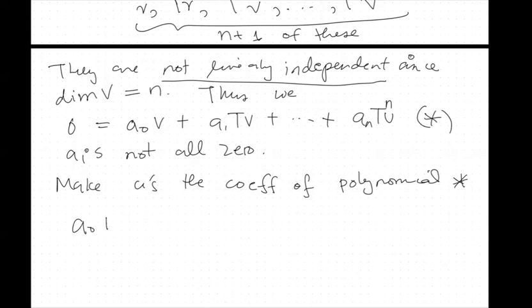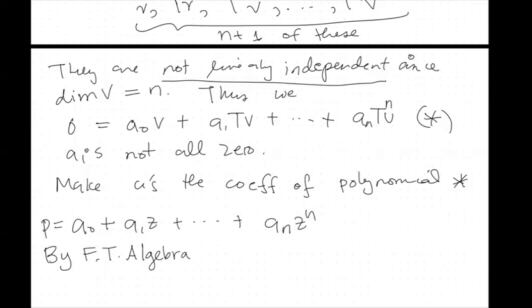So this is a0 plus a1 z plus up to an z to the n. This is over the complex numbers. So by the FTC, fundamental theorem of not calculus but algebra, your p can be written as a constant c times (z minus lambda 1)(z minus lambda 2) up to (z minus lambda m).